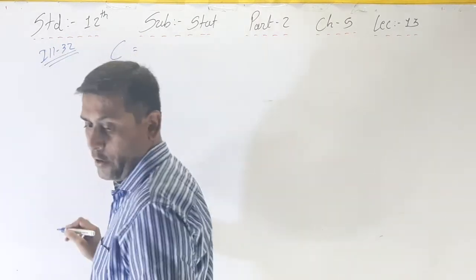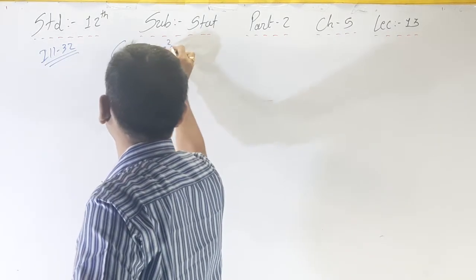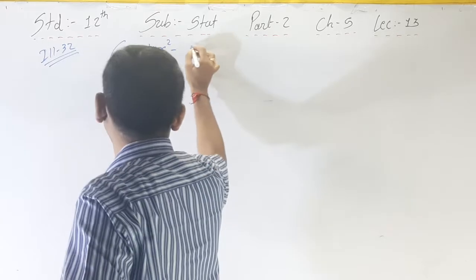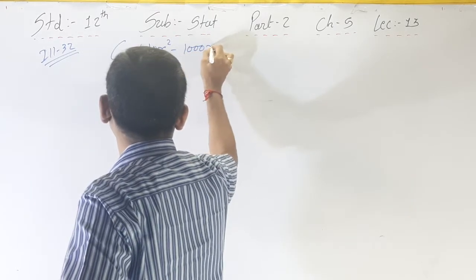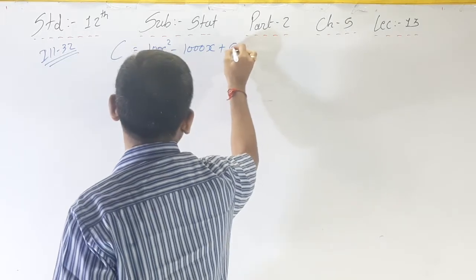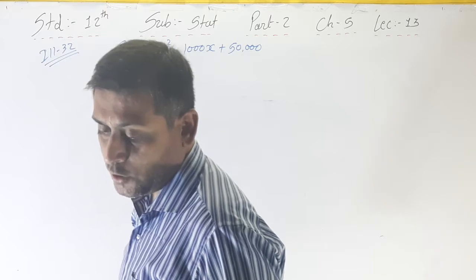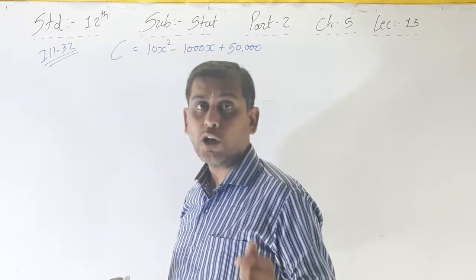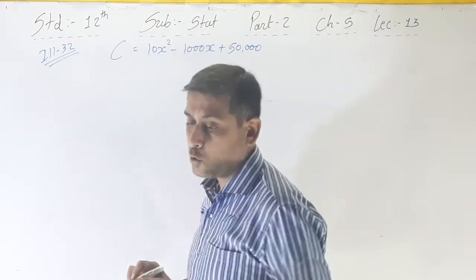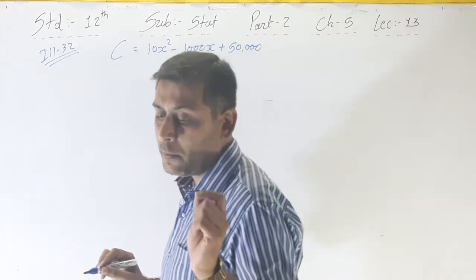Cost function is given: 10x square minus 1000x plus 50,000. The production cost function is given, C is equal to so and so, and how many units you have to produce for minimum cost.